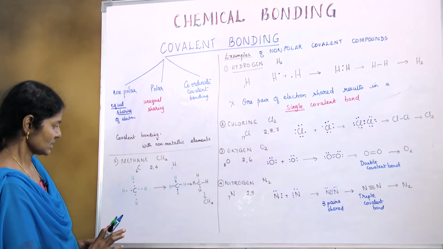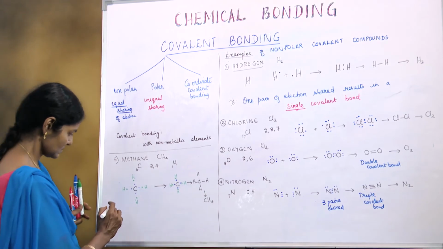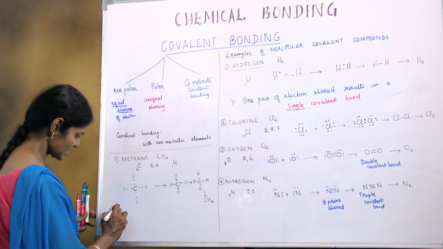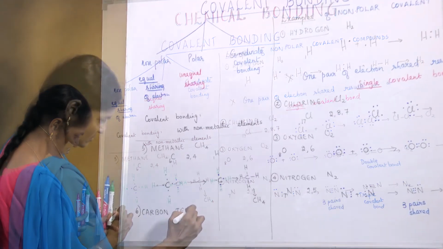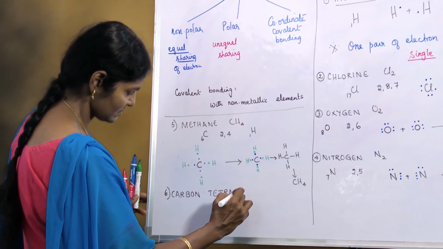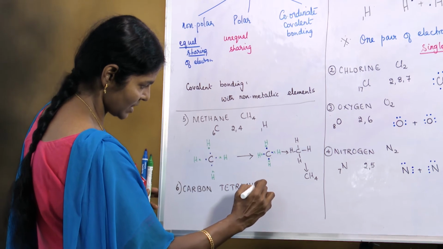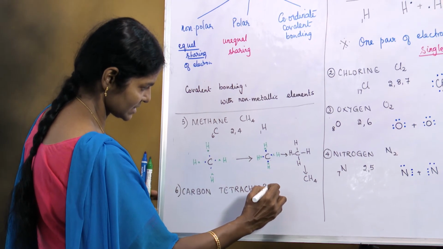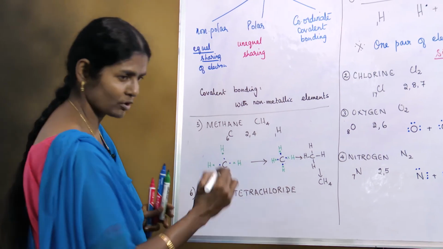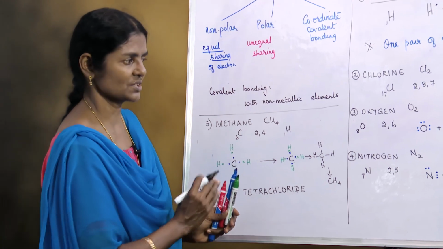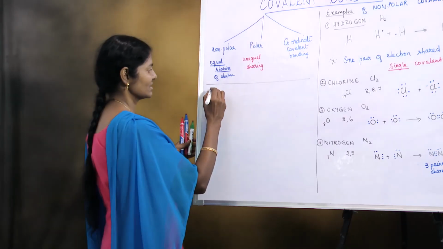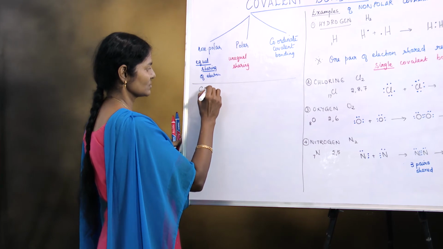Okay. Now the last one is carbon tetrachloride. From the word, there is one carbon atom and tetra means 4 chlorine atoms combined together.